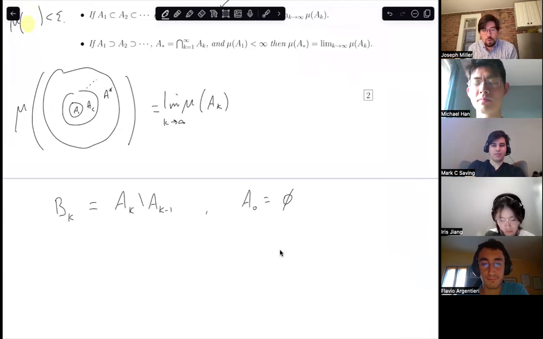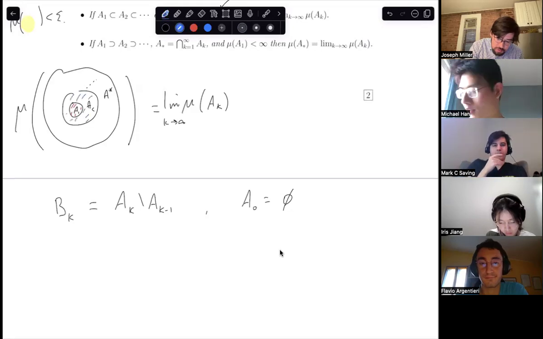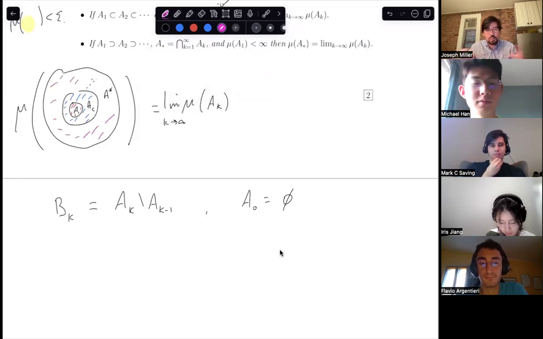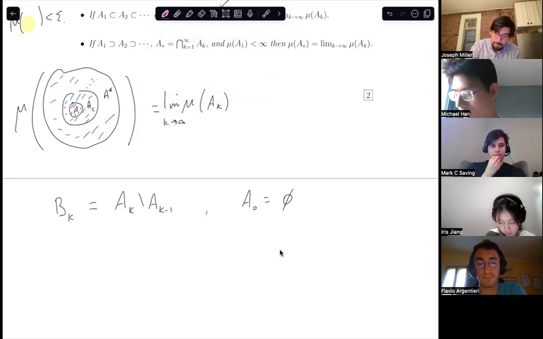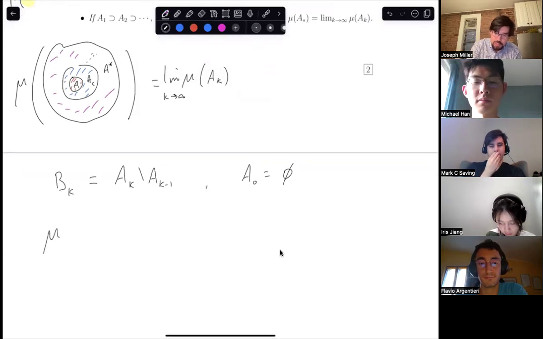Then what would you do? So what I've done is I've broken it into pieces. I have one piece here, then I have the next piece, then this piece. So I've broken them into rings somehow. And so each of these B_k are disjoint, right? So the B_k are disjoint.